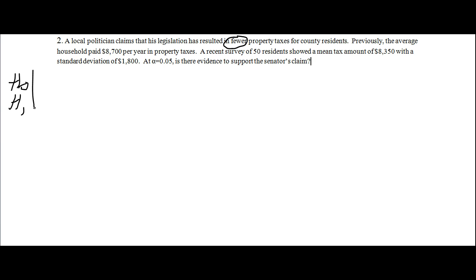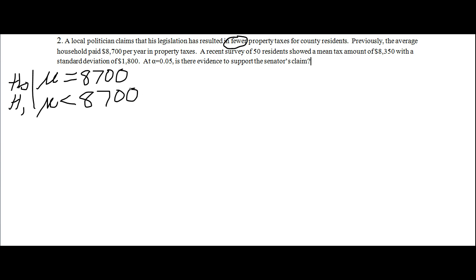Well, previously the average household paid 8,700. So we're going to claim that the taxes are lower. But by default, we have to assume the taxes are still 8,700, and we're trying to show that they went down.